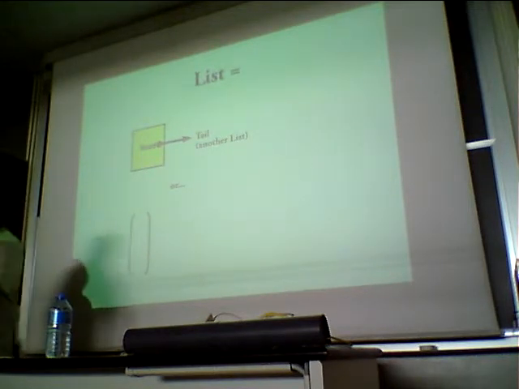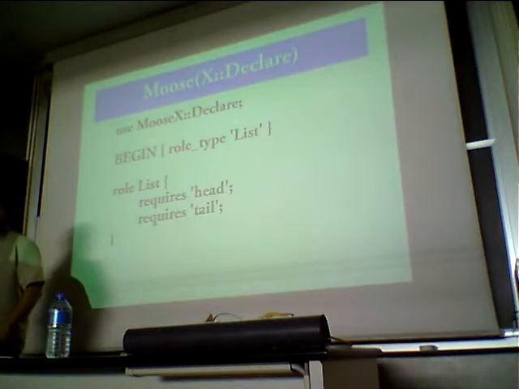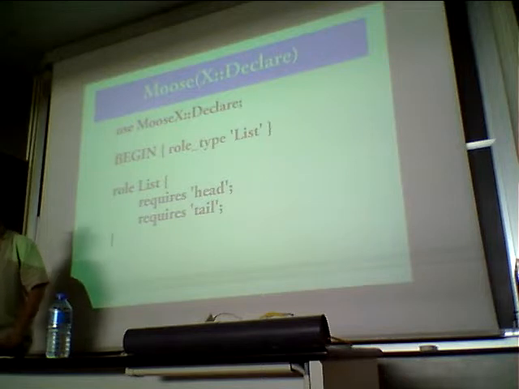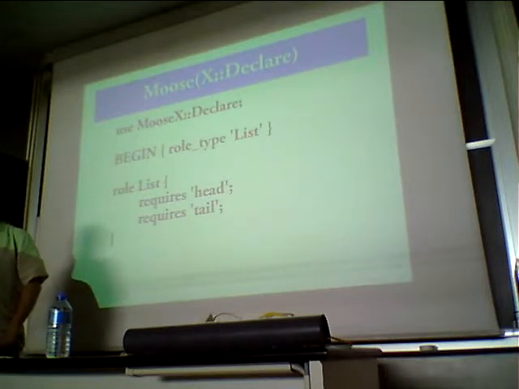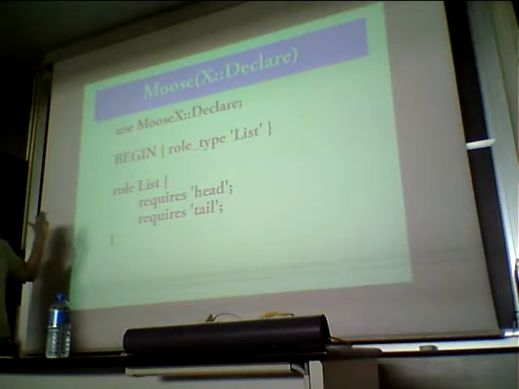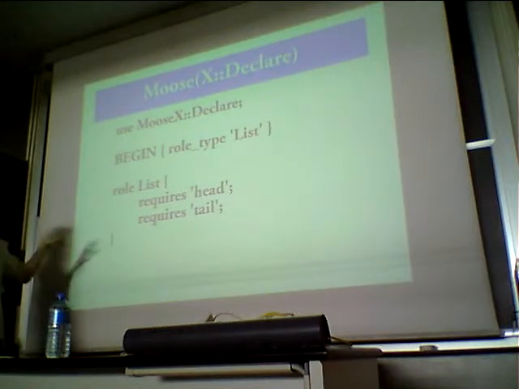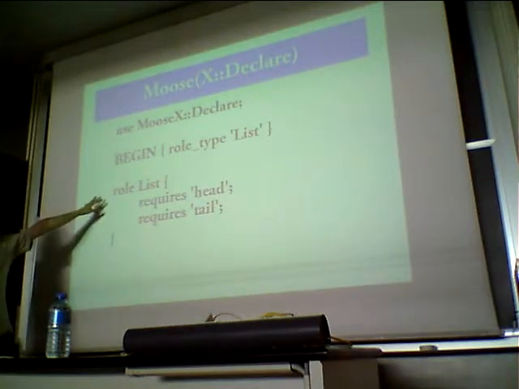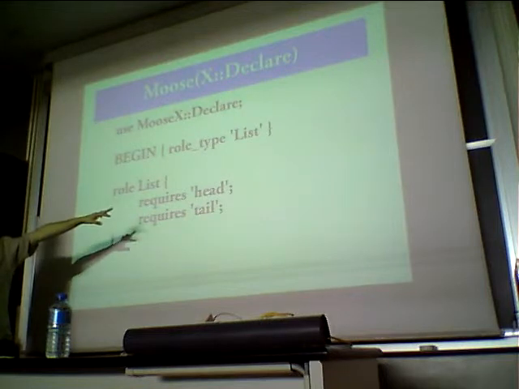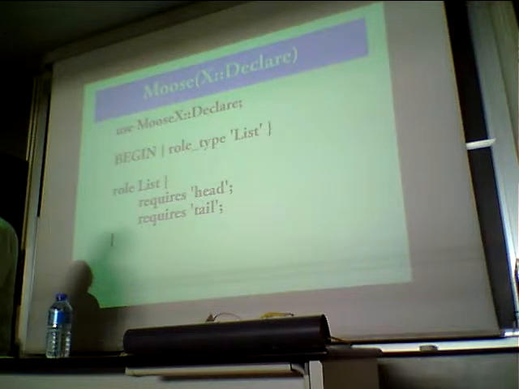These days, we'll tend to use Moose to write object-oriented code, and in Moose people don't very much like abstract base classes and will tend to go with roles instead. So you can think of it as an abstract base class. I'm not going to explain what it is now, but basically a list is something that has a head function and a tail function, simply.